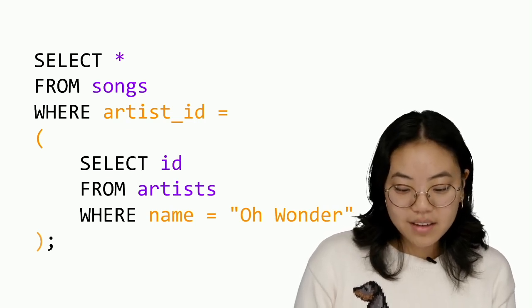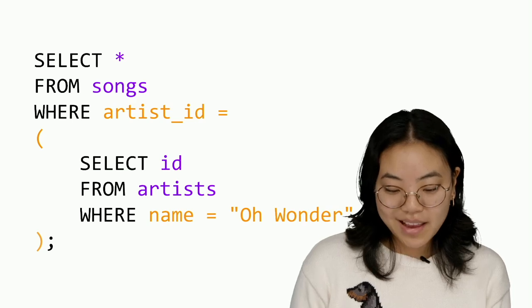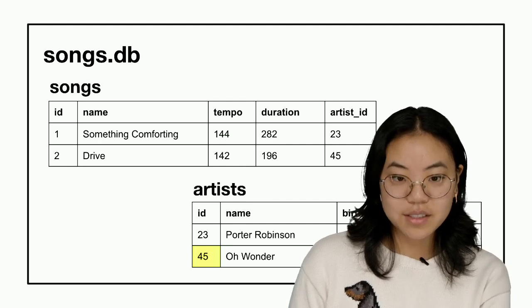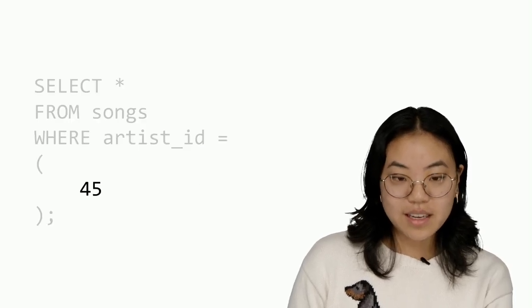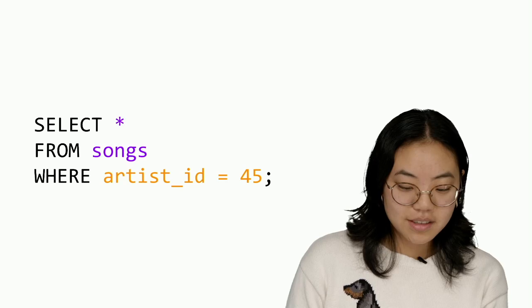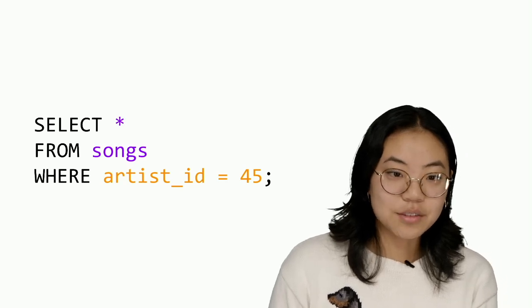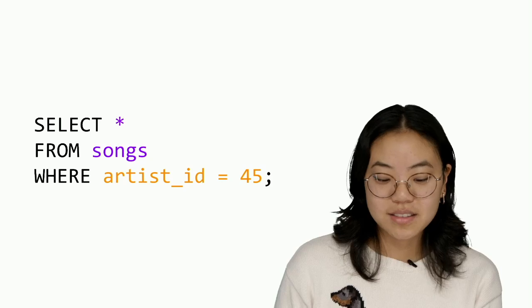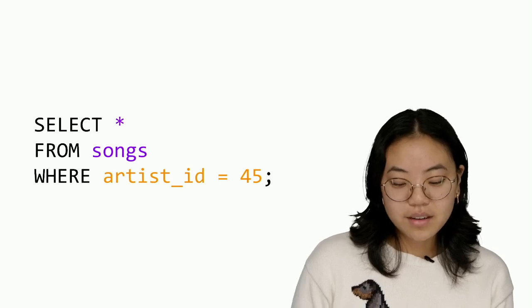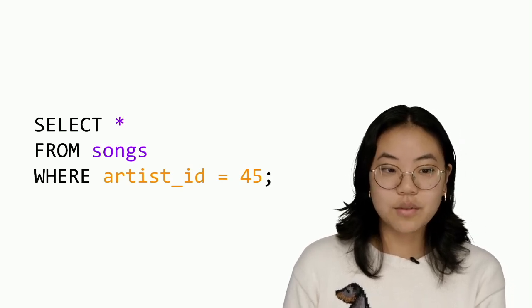Once I have that, I can plug that value in. This returns 45, like we saw here. I can plug that into my outer select, which is basically now just going to be running something like this: select star, so all of the songs where the artist ID equals 45.